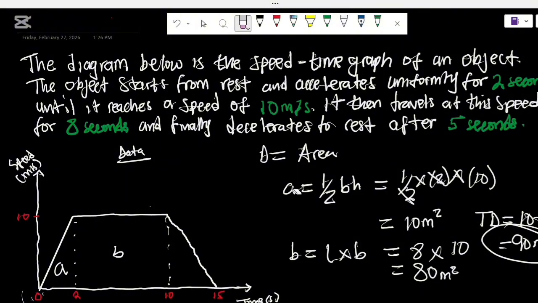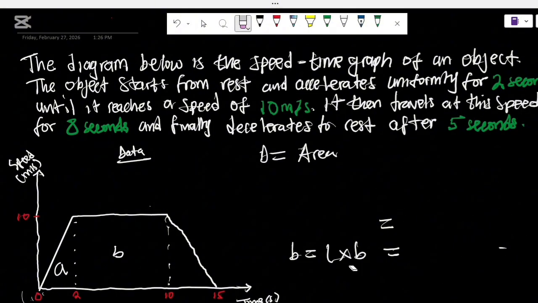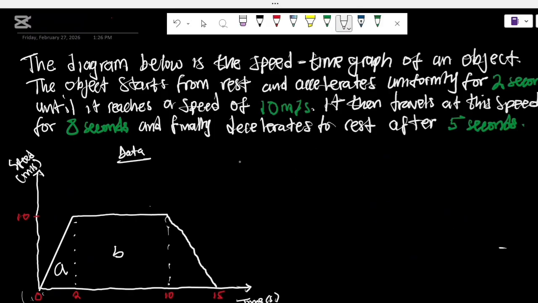But what about the last question? The last question is asking about the average speed of an object for the entire journey. Remember that the average speed is always equal to the total distance traveled over the total time taken.